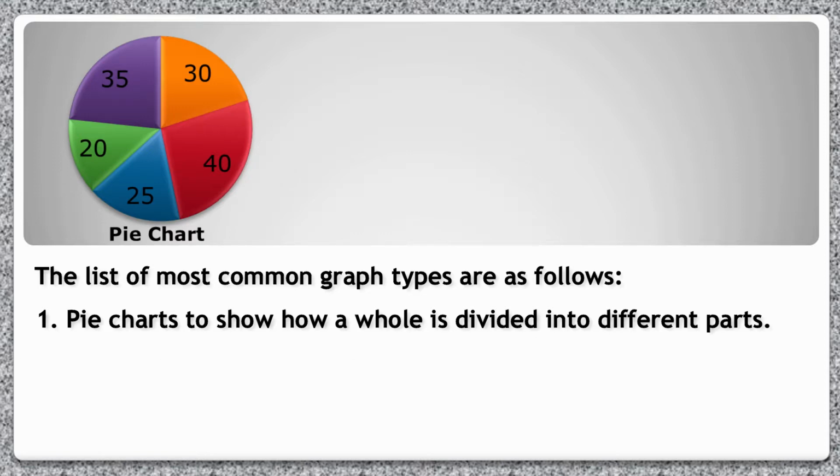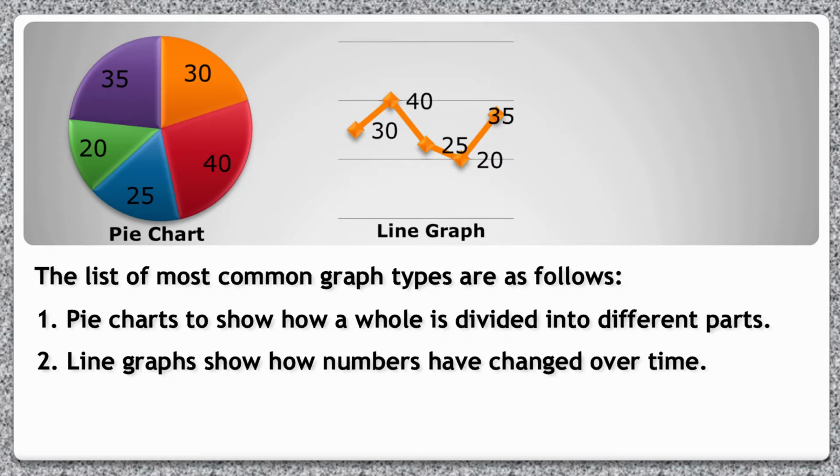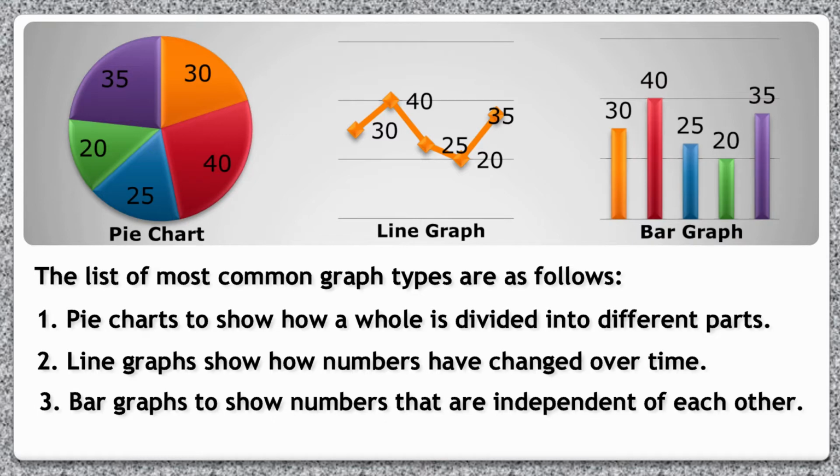Second, line graphs, show how numbers have changed over time. Third, bar graphs, to show numbers that are independent of each other. And today we will do bar graph presentation.